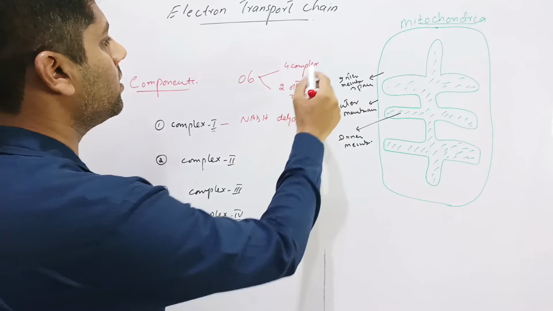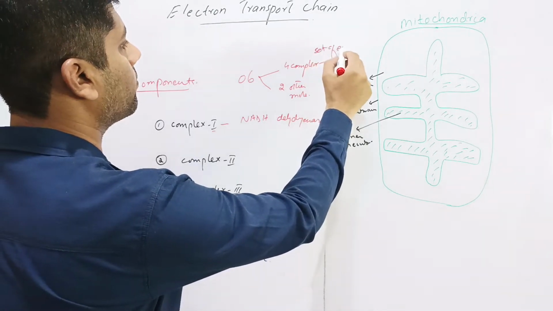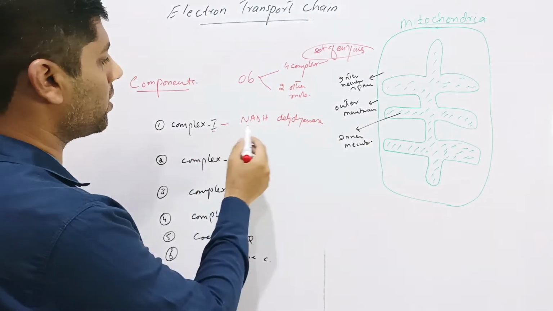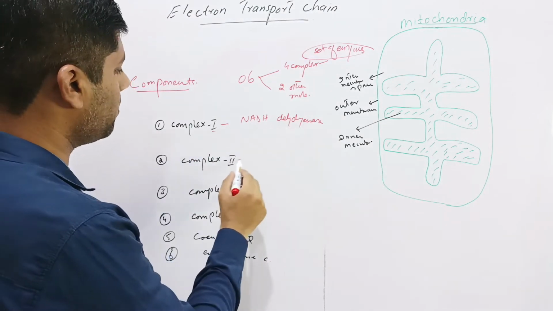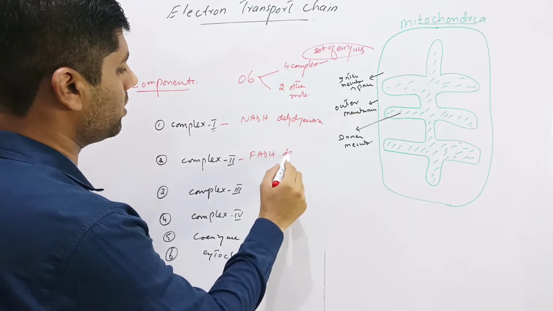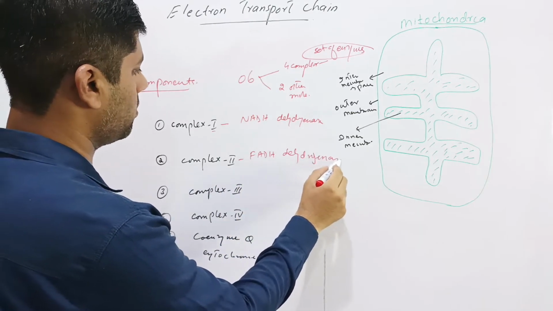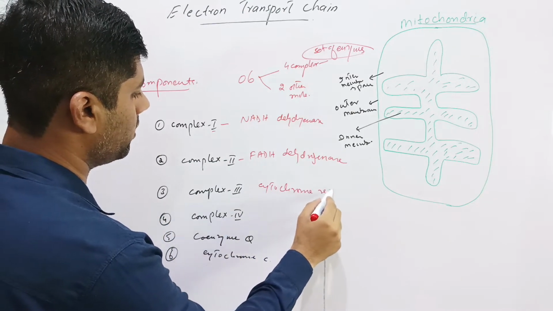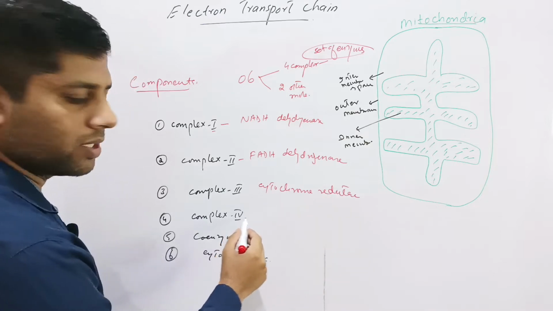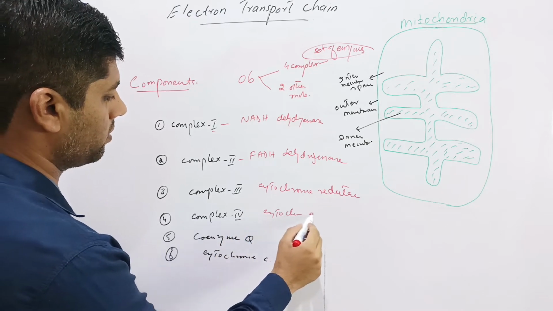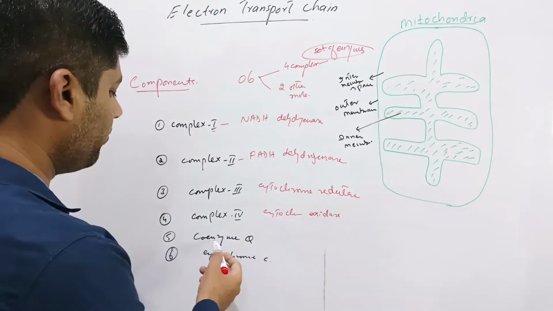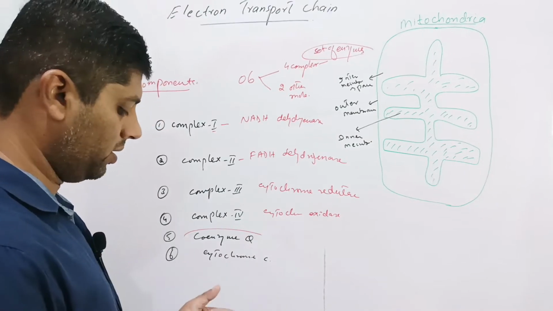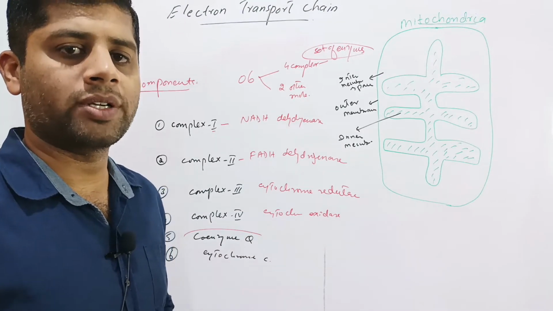The second complex is FADH dehydrogenase. The third complex is cytochrome reductase. And the fourth complex is cytochrome oxidase. The fifth component is coenzyme Q and the sixth one is cytochrome C. These are the six components of the electron transport chain.